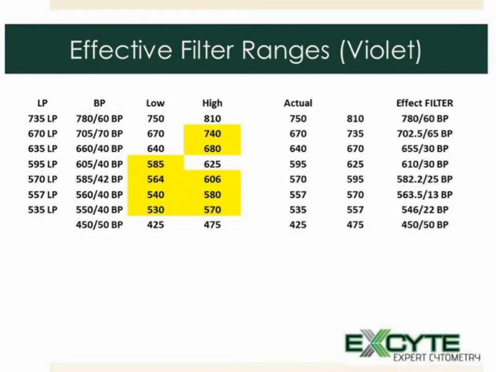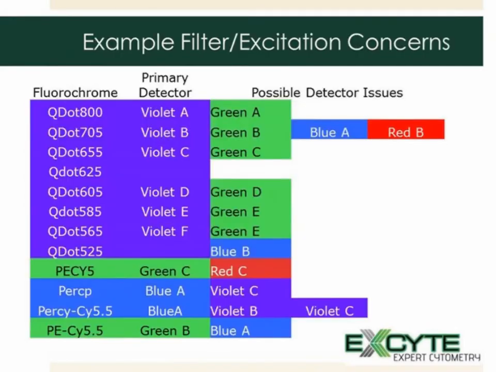You can see here, for example, the 560/40 bandpass filter is actually really only a 563/13 filter. So we're only getting about 13 nanometers of wavelength of light through that filter, as opposed to the 40 that we thought we'd have based upon that bandpass filter. Having this information will help you know where your fluorochromes will be measured and where they're going to cause problems.